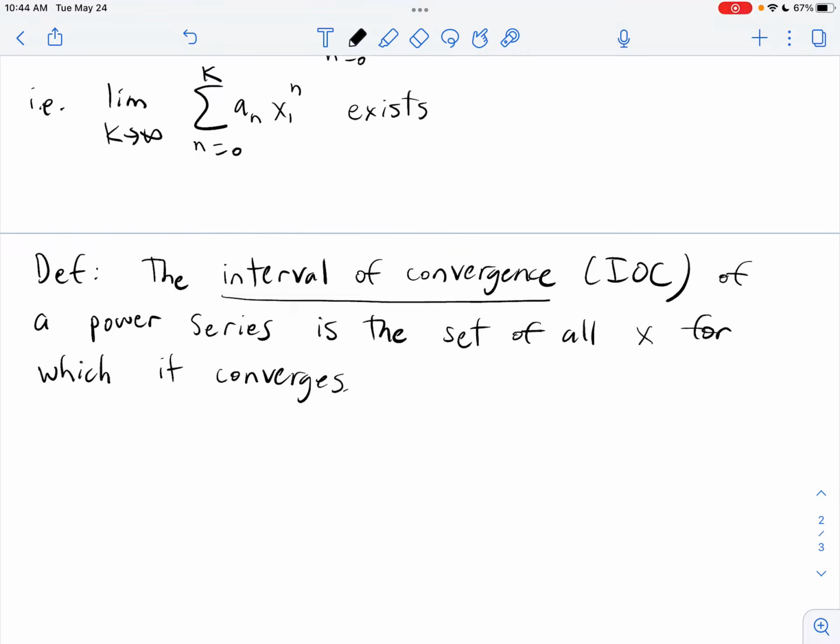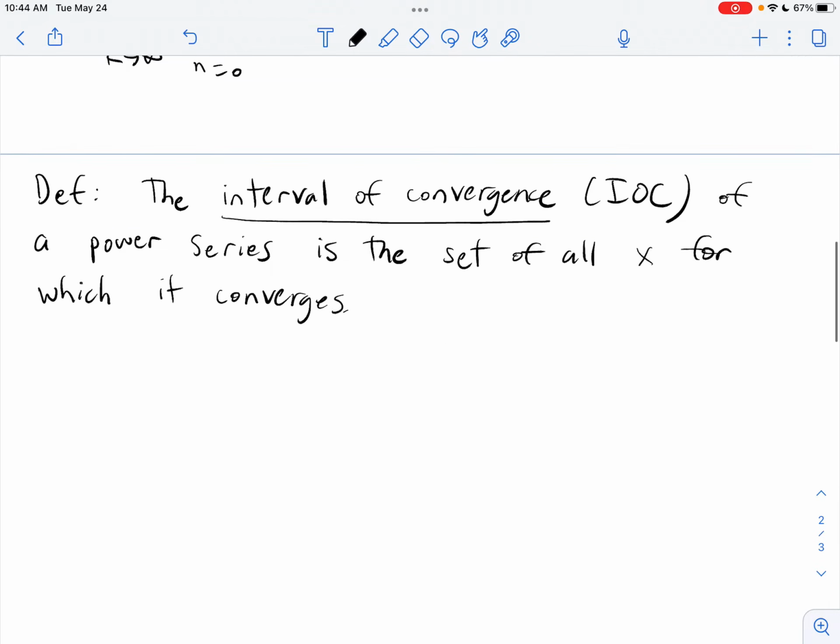So we need one of the most important theorems regarding series that we learned in calculus. So in this section, we call it the basic convergence theorem.